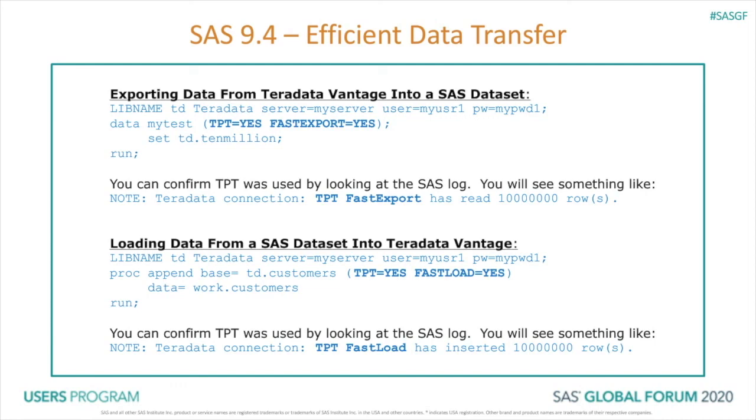If you have a SAS data set that you want to save to Teradata, then you can put TPT equals yes, fast load equals yes. And again, you can look at the logs to ensure it is performing using the correct thing.